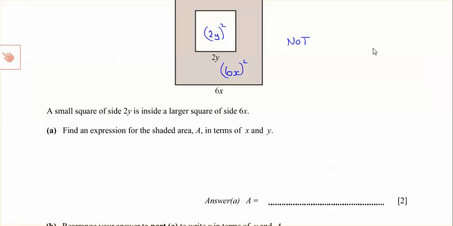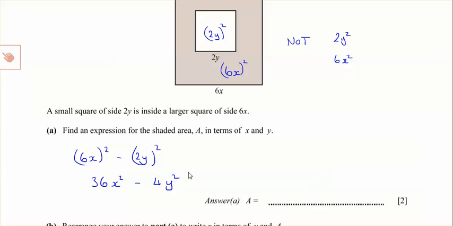Not what? 2y squared or 6x squared. They are different. Alright, find an expression. So it's 6x squared minus 2y squared, which if I were to multiply out is 36x squared minus 4y squared.